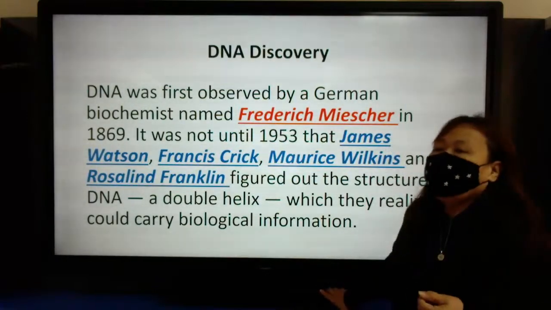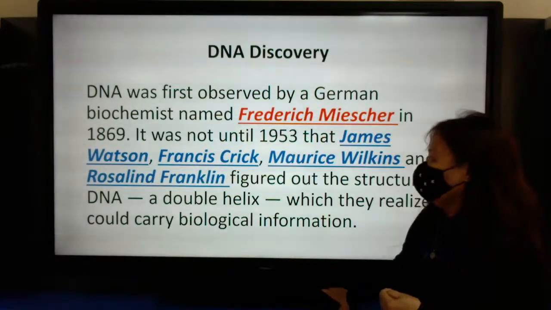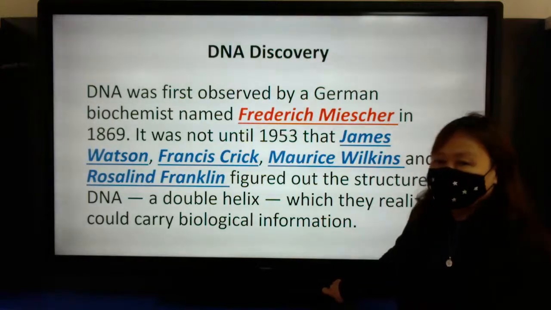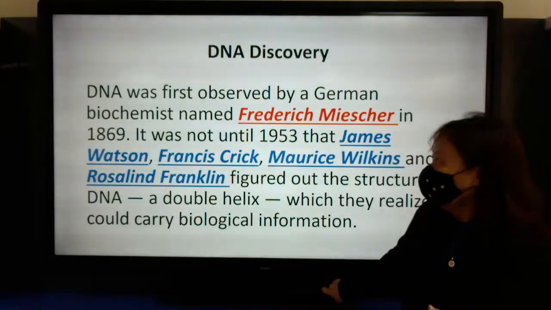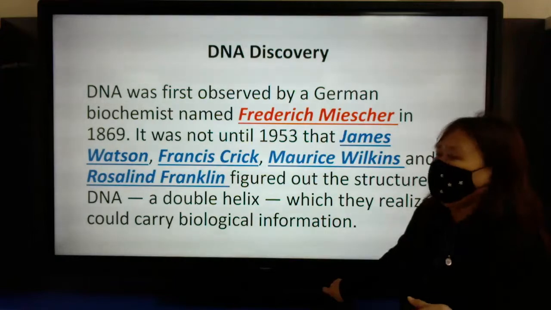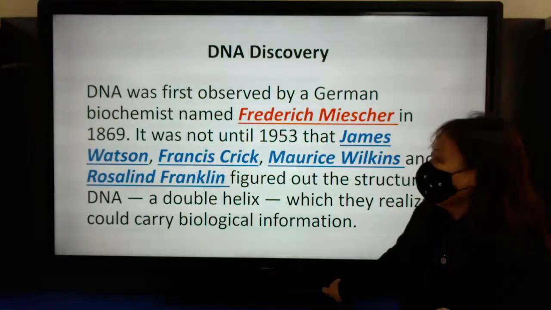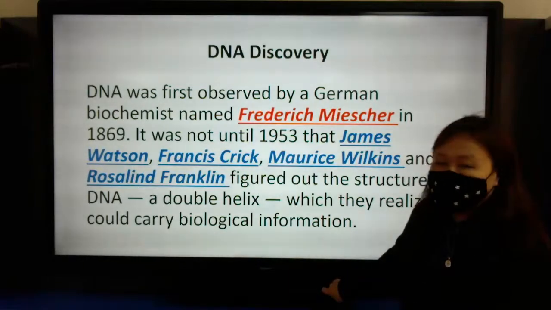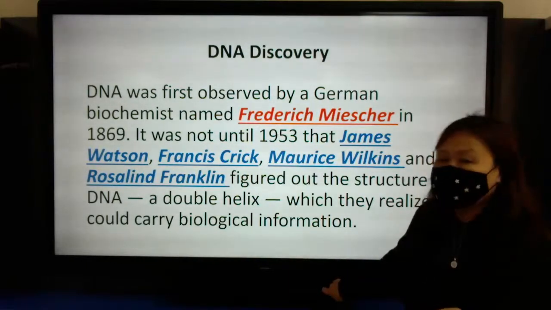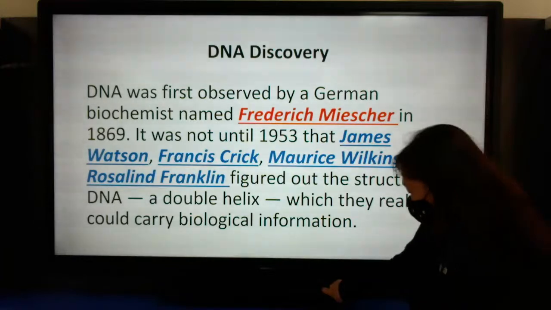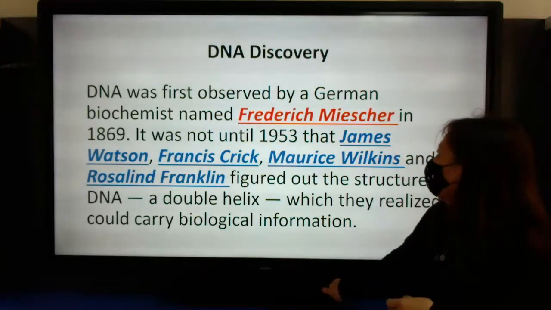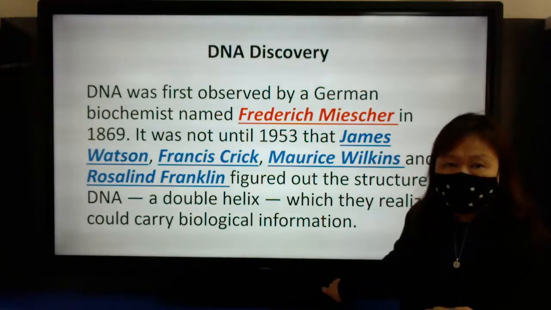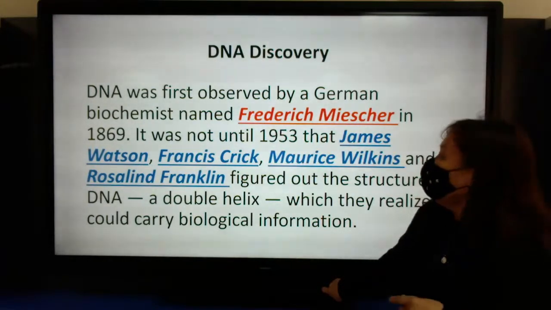Now, how was the DNA discovered? In the beginning of time, man didn't know anything about DNA, okay? But later on, because of research, it was first observed by a German biochemist named Frederick Meisser in 1869. That was the first one, okay?